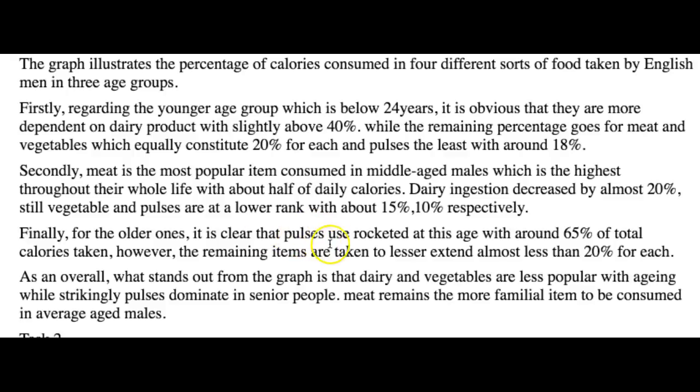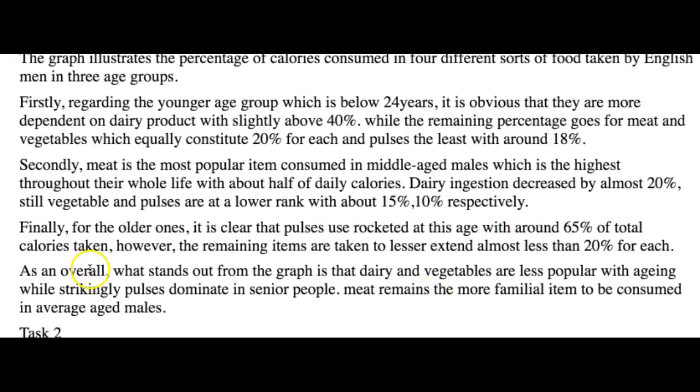It's clear that pulses are the most popular, with around 65% of total calories taken. Good. However, the remaining items are consumed to a lesser extent at almost less than 20% each. Okay, well done for grouping the information there. Well done.